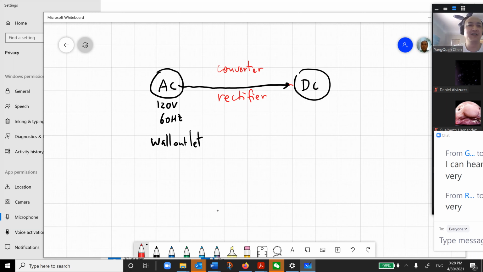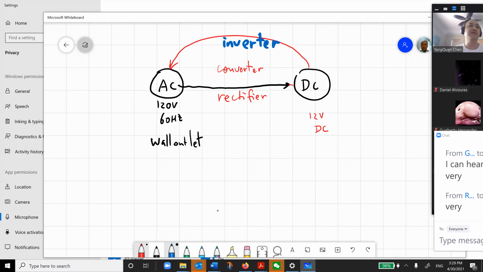But if you go to Walmart, you can buy a box. Then you put, say for example, in your car, you have a 12 volt DC plug, right? So this box will give 120 volt. So from DC to AC, this is called an inverter.